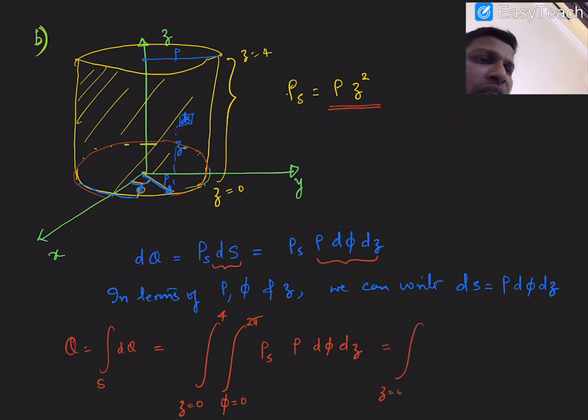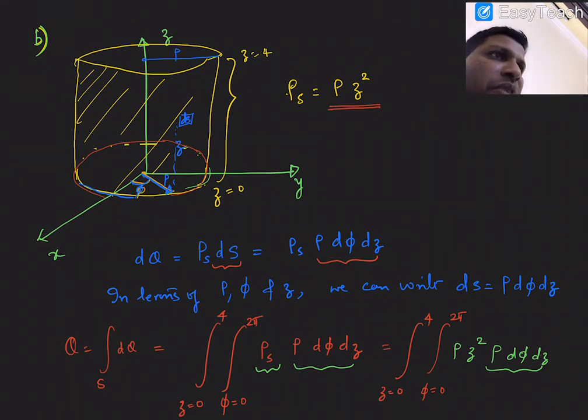So you will get the integral where z changes from 0 to 4 and phi changes from 0 to 2 pi. Then we get what is our rho s. The rho s is given as rho into z square. Then again there is a rho term, then d phi dz. So I will use the next page for explanation.